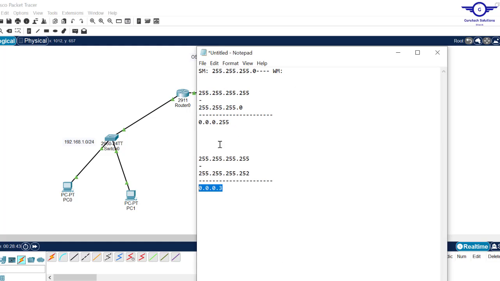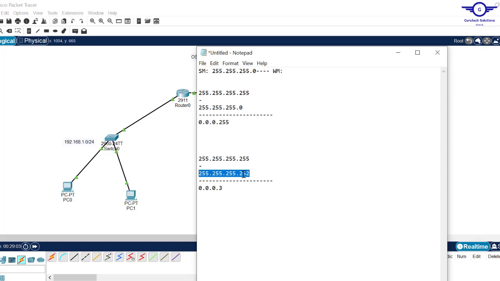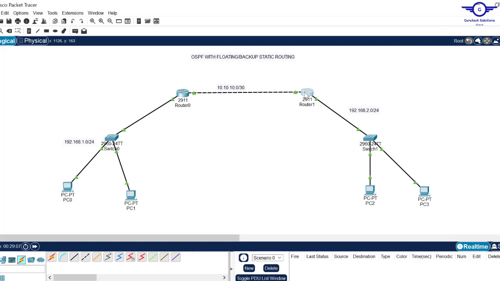So wildcard mask is the inverse of subnet mask. How do we get the inverse mask? Wildcard mask is the full subnet mask minus the subnet mask in question. Remember, our subnet mask in question is this one, and the slash notation is equivalent to this one. So that's how we got it.